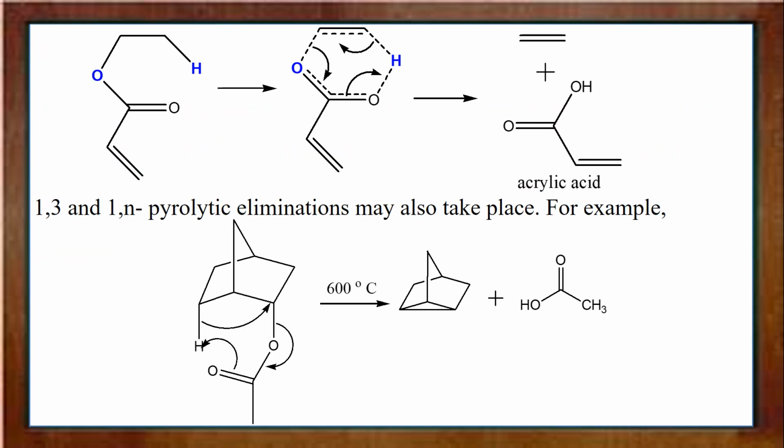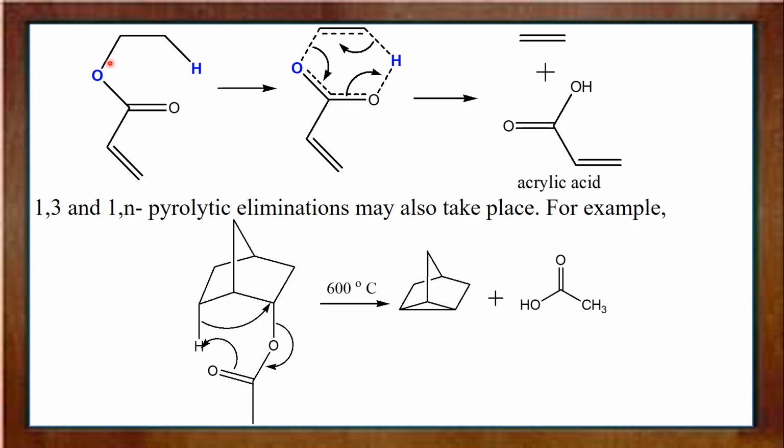This is ethyl acrylate. This is the ethyl group and this is ethyl acrylate. This on heating, you can see the carbonyl pi bond slowly breaks and moves towards this beta hydrogen.